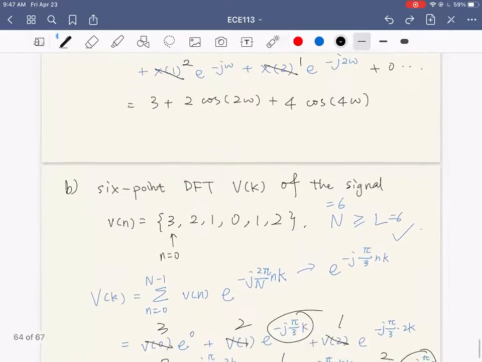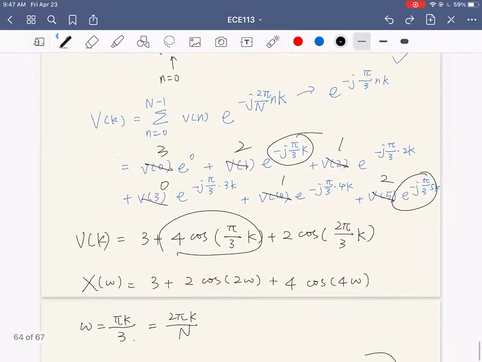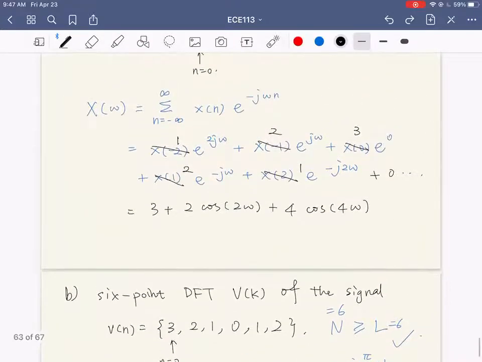Where did the cosine 4 omega come from in the first step, when you calculated x of omega? Where did the cosine 4 of omega come from? Oh, you're right. I made a mistake here. Thank you so much. So this should be omega. All right, so now they're consistent.